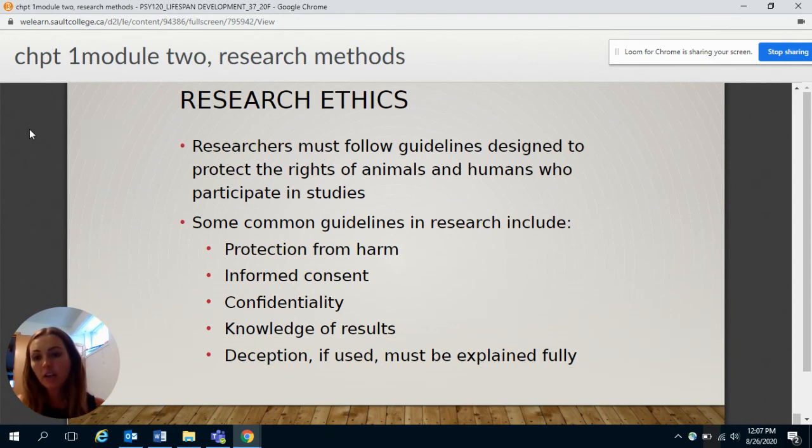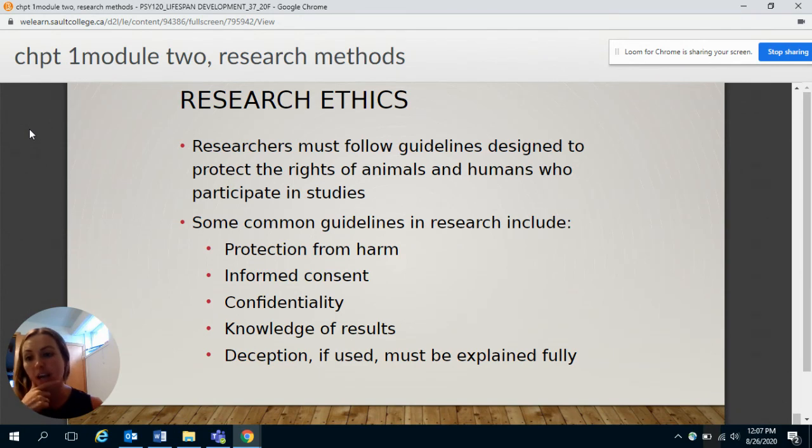That's not ethical. Researchers must protect the research participants from harm. You can't knowingly harm a research participant. With the example that I just gave, obviously that would be physically, emotionally, and psychologically very harmful. So you couldn't do that.